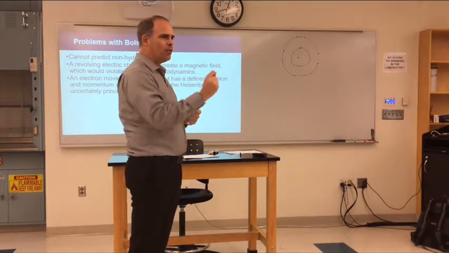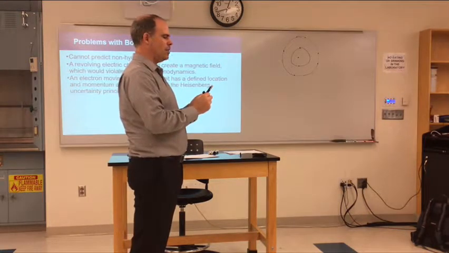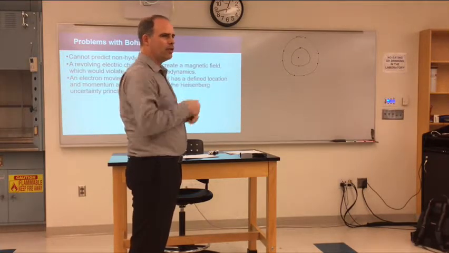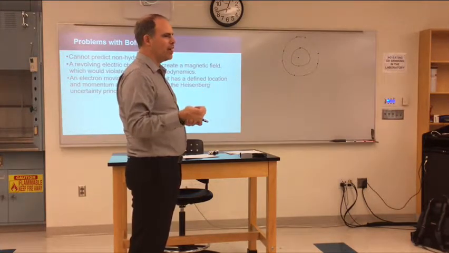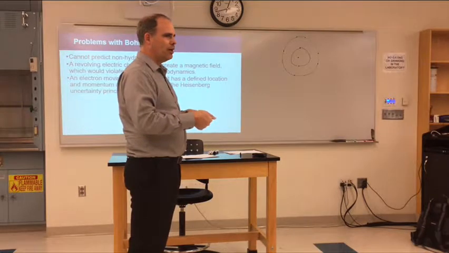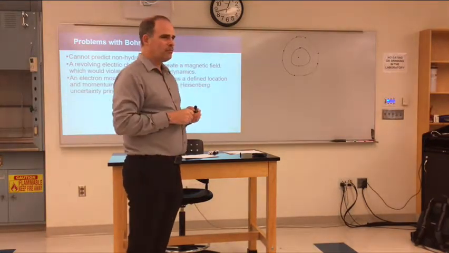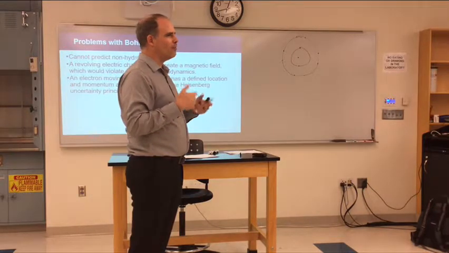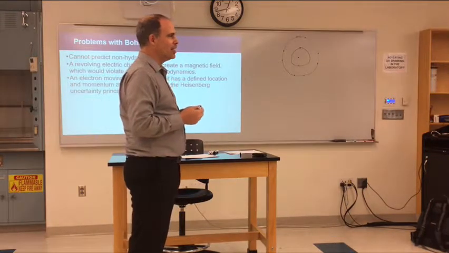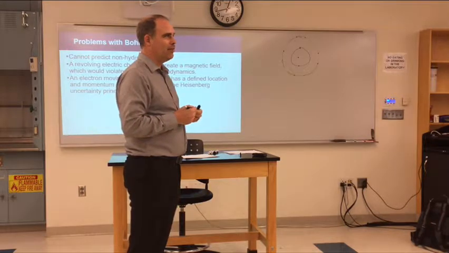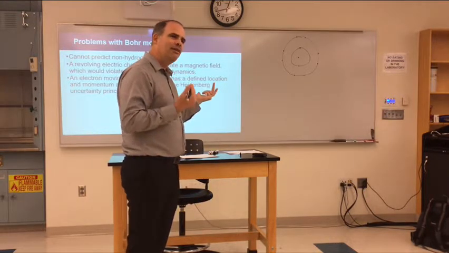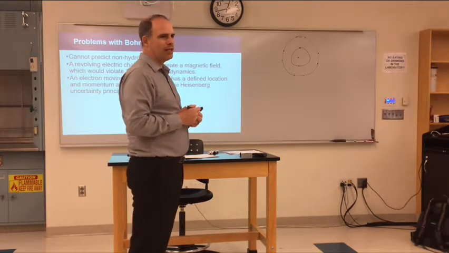Instead of being in one spot, it behaves as though it's a wave going around the nucleus. And so you no longer have a defined position, and that gets around violating the Heisenberg uncertainty principle. It's a way of visualizing the particle-wave duality of an electron. It turns out that it's not right, but that was one of the workarounds they tried.